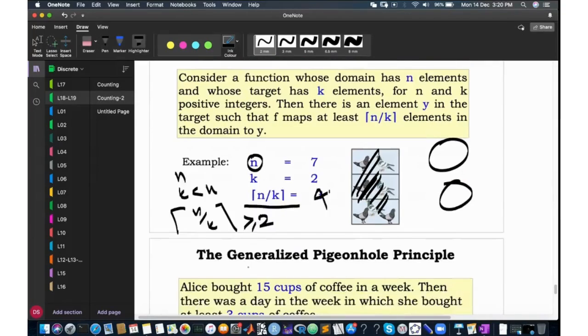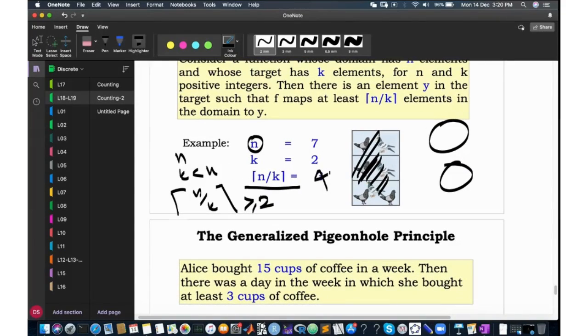Let's see if there's an interesting example. Alice bought 15 cups of coffee in a week. Then there was a day in the week in which she bought at least 3 cups of coffee. 7 days in a week, 15 over 7 ceiling.